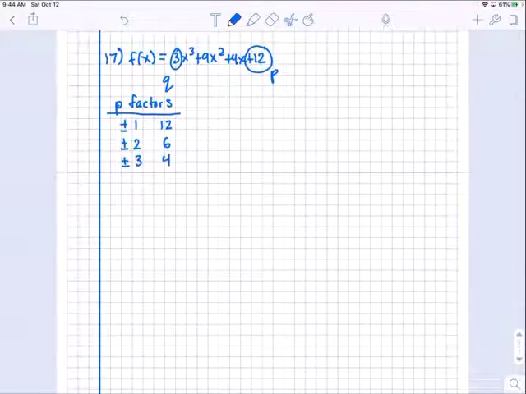And your Q factors are going to be plus or minus 1 and 3.